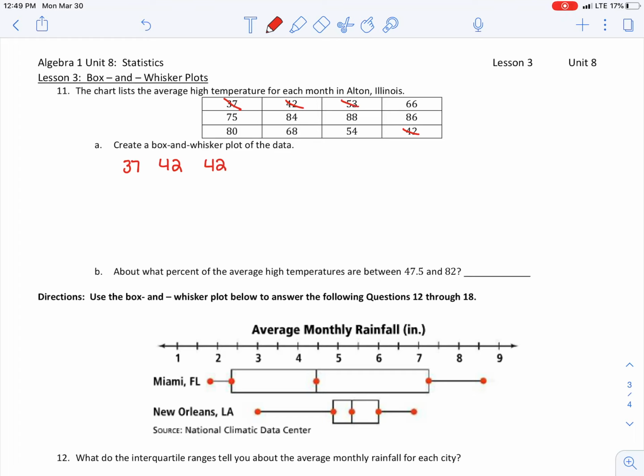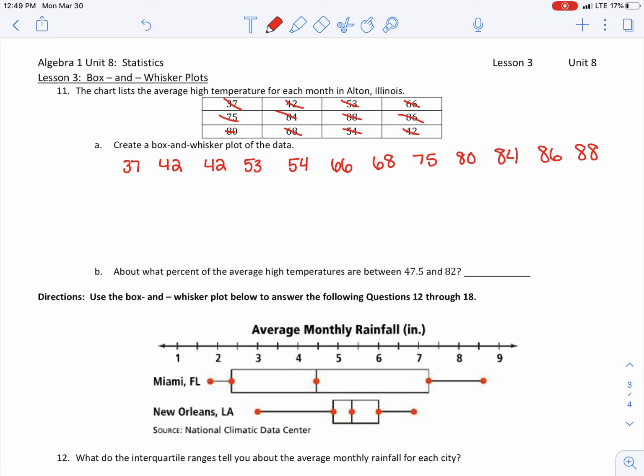Okay, then we go to 53, 54, 66, 68, 75, 80, 84, 86, and 88.